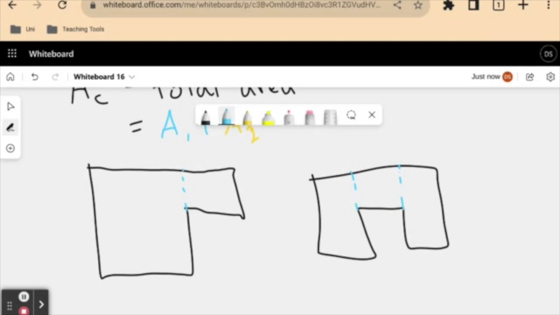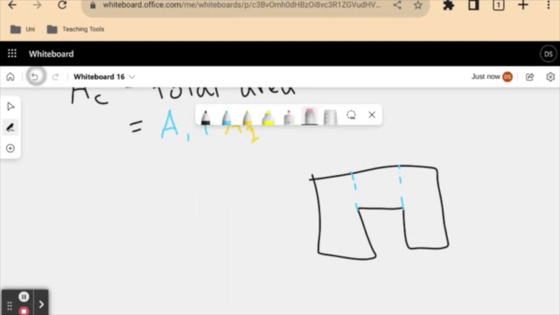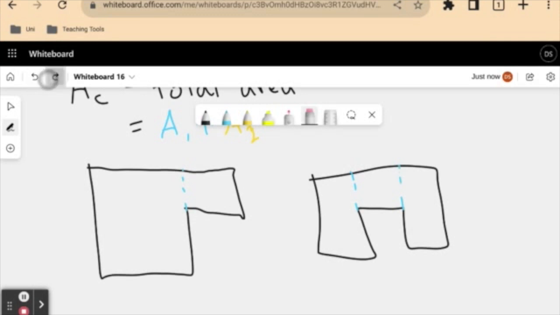So we have this, for example, or we could have this shape and this shape, or something looking like this, but we're going to get the same area when we calculate it.